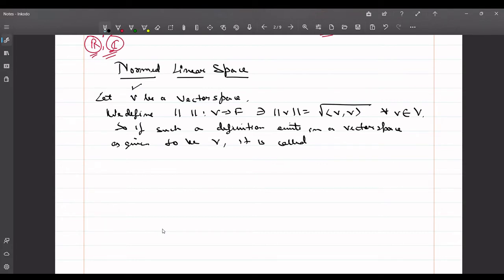The vector space is called a normed linear space. Basically, if there exists a norm function, or if there exists the definition of a norm in a vector space, we call the vector space a normed linear space. Is this much clear?